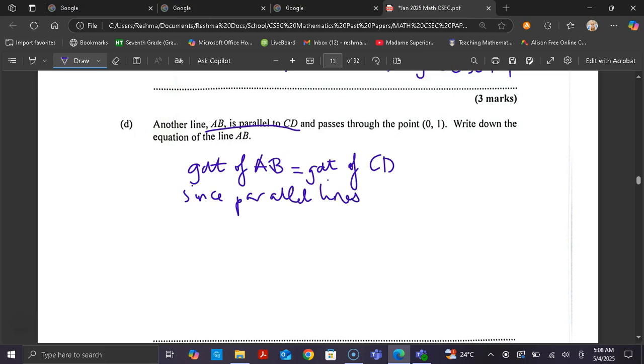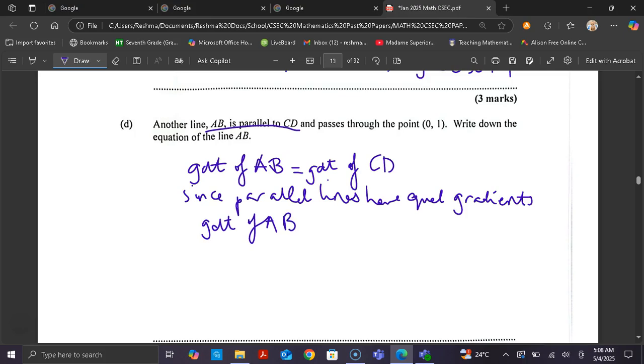Okay, excuse my handwriting. If that is the case, then the gradient of AB is equal to -1/3. And therefore, the equation of AB will be y is equal to -1/3 x plus c. Now, what is c?